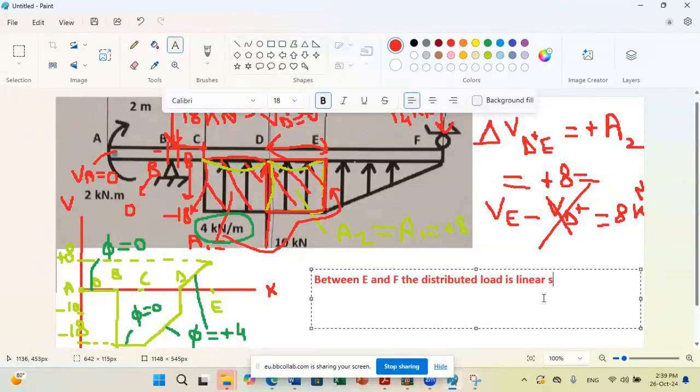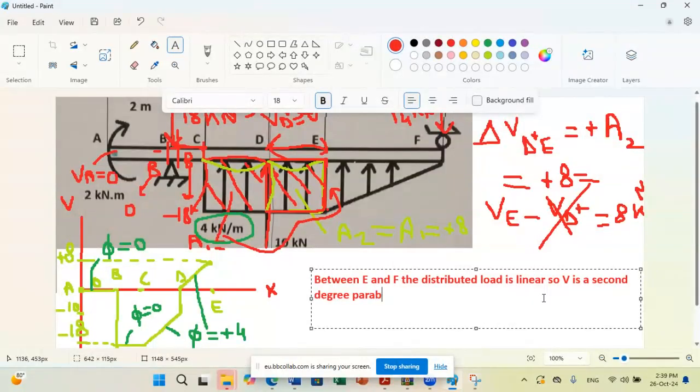Okay, so how will V be if the distributed load is linear? V is what? It's a second degree parabola, because we said that V is the integral of W. So if W is first order, V will be second order.